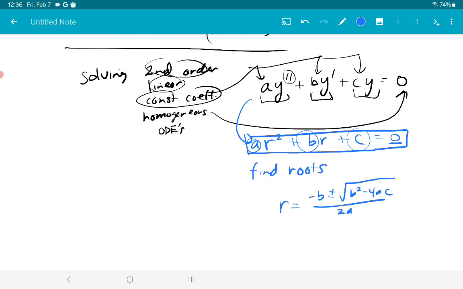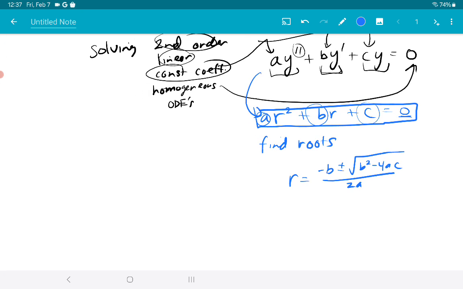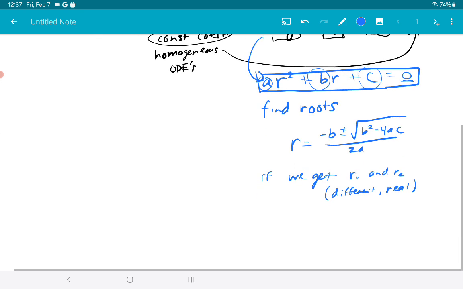So let's do, okay, and then remember, typically what we do, if we get two roots from this, r1 and r2, and they're different, and they're real numbers, then I think we know what to do, right?